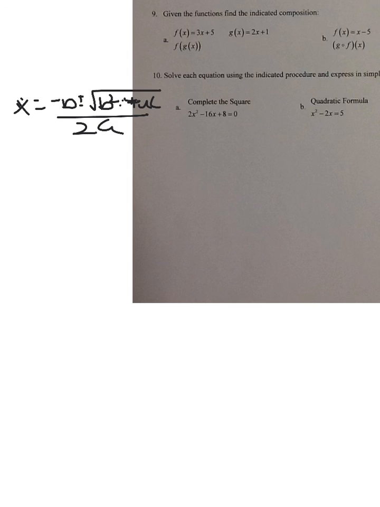So for B, though, the first thing you have to do is get it to equal 0, so you have to minus 5. So that's x squared minus 2x minus 5 equals 0.